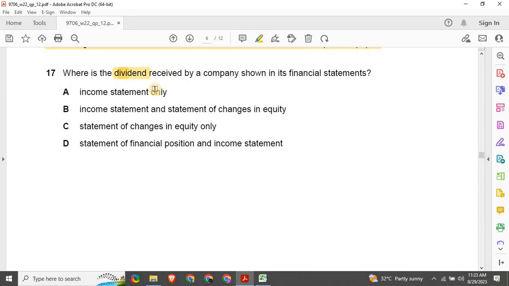But where to write it down? Receiving a dividend is our income, so we should write it down in the income statement. Okay, and it will be recorded only in the income statement, because this is another source of income that we have for the business. So the correct option is option A.